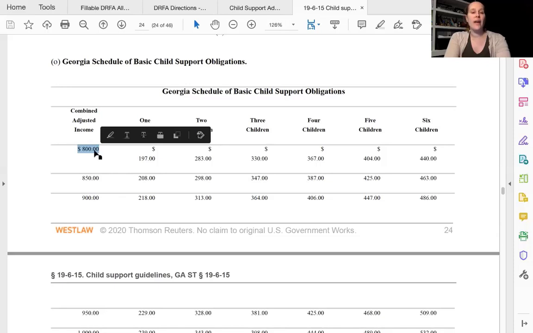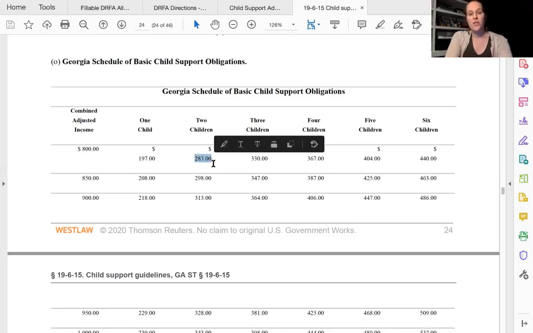Then you just go across to how many children there are. If there are 2 children, the parties' combined income is $800, the total child support amount for those 2 children in that family is going to be $283.